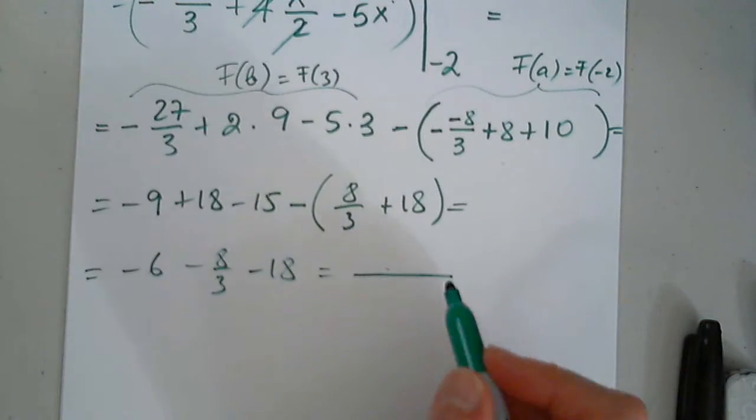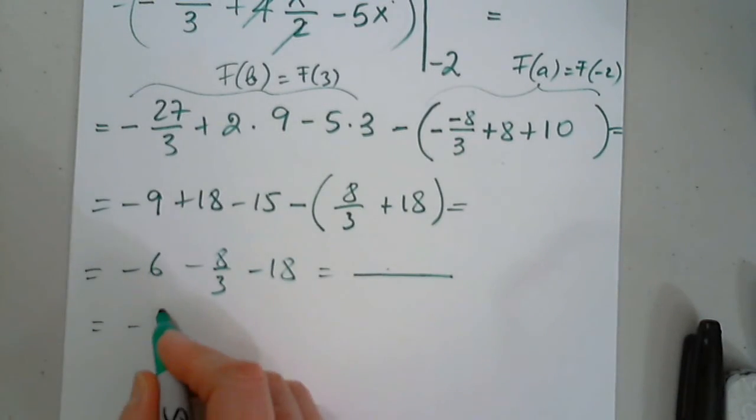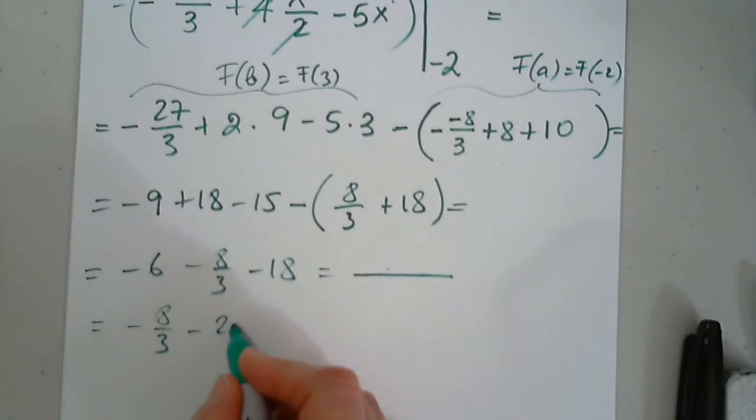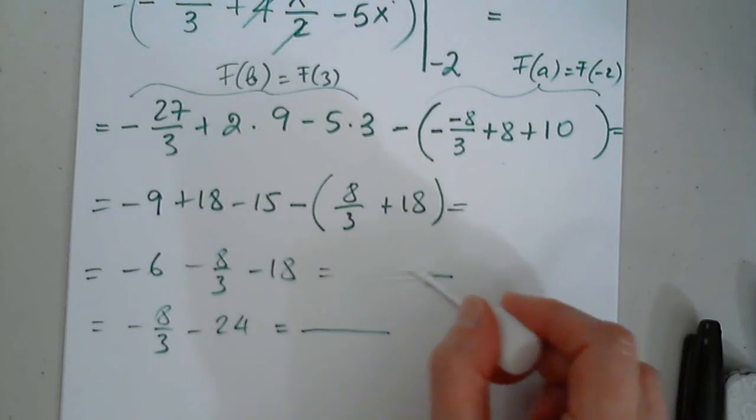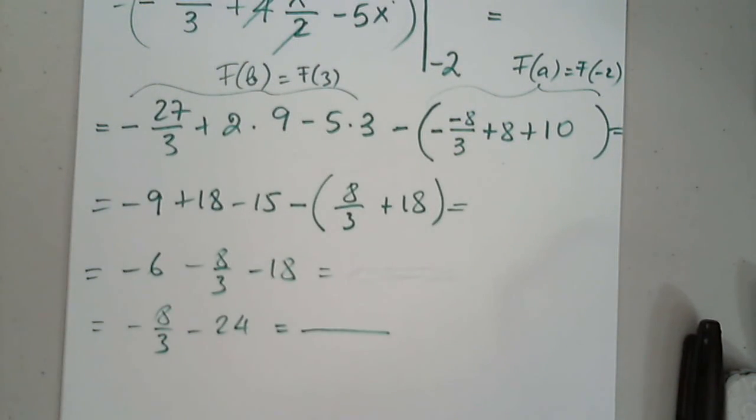Least common denominator. Let me just say -8/3 and then a minus 24 first. And then the least common denominator. So what is the least common denominator here? 3. Yes. So then 24 gets to be multiplied by 3 as well.